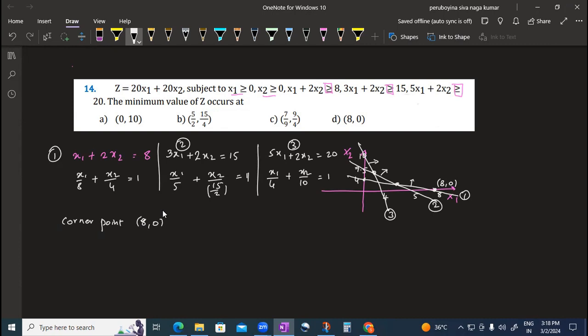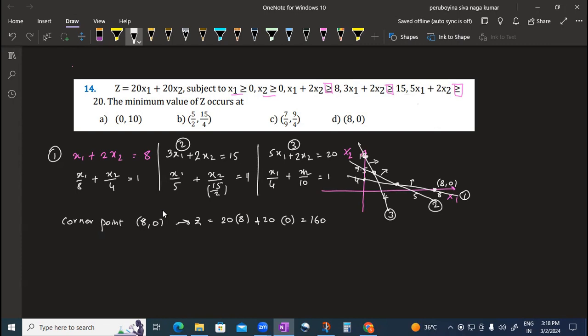There is a corner point, but you have to get the minimum value. So corner point 8 comma 0. If you substitute this point in Z, it will be 20 into x1 value 8 plus 20 into x2 value 0. It will be 160.